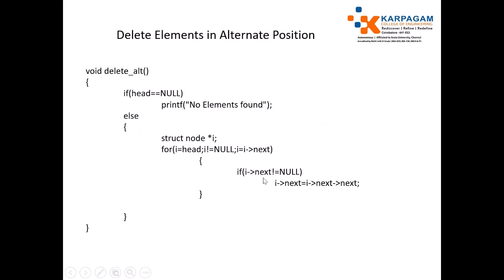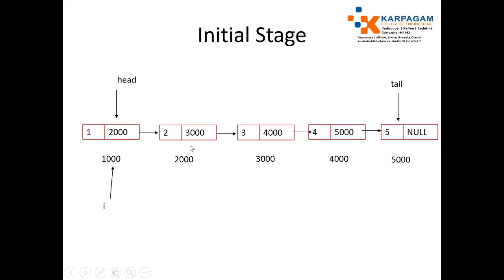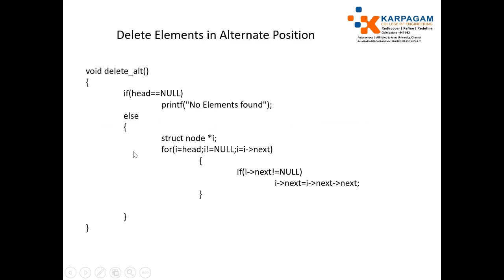Just check I of next not equal to null. I am checking I of next. I is 1000, I of next is 2000. It is not equal to null. So it will execute the statement I of next equal to I of next of next.